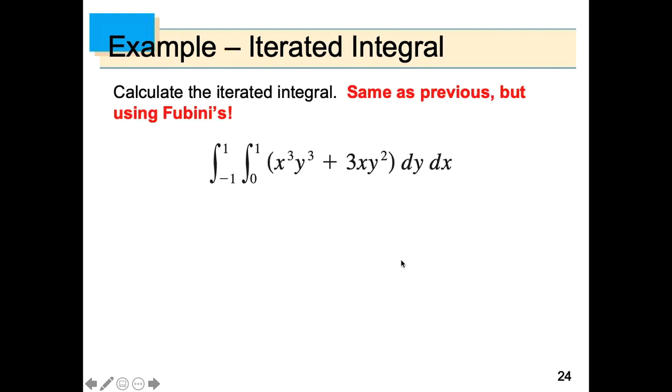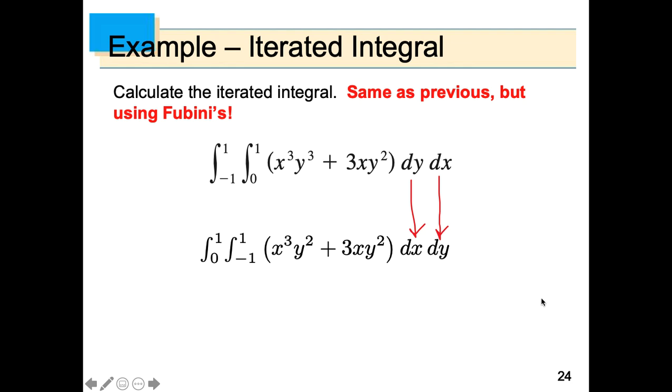Now in this particular case, I went ahead and took the same exact problem. And now we're going to integrate it, but we're going to switch the integration procedure. Notice how dy I changed to dx, and dx changes to dy. We'll go through the same process.